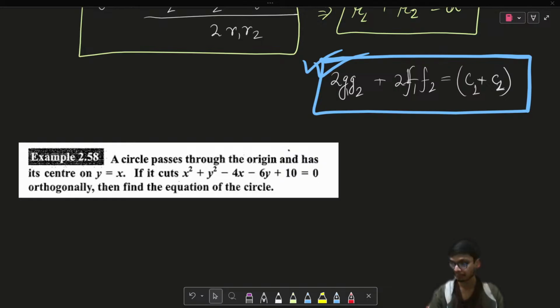Please try to solve this problem and tell me the answer you're getting.